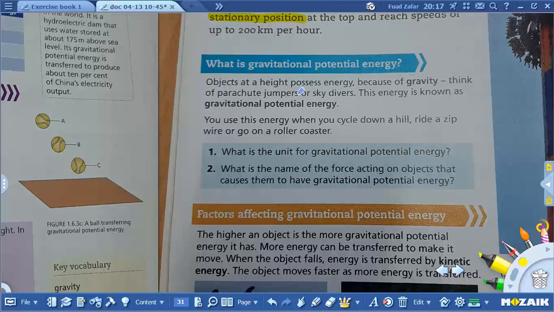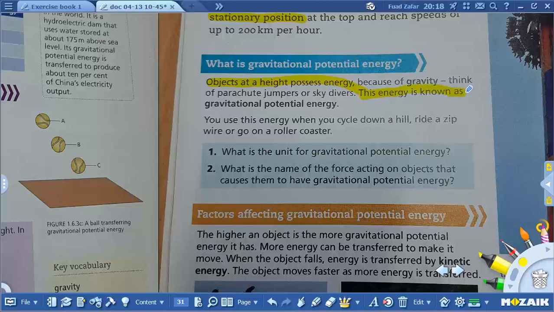Think of a parachute jumper or a skydiver. This energy is gravitational potential energy. When a skydiver jumps downwards from a certain point, he will have gravitational potential energy. What is gravitational potential energy? Stored energy that an object has because of its height.